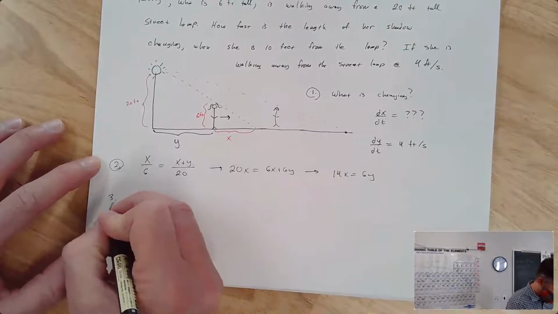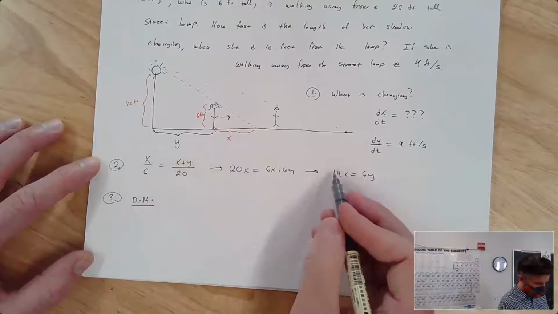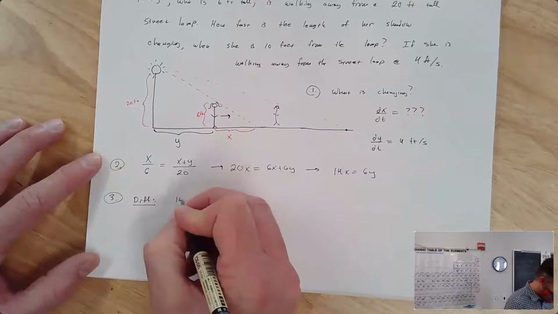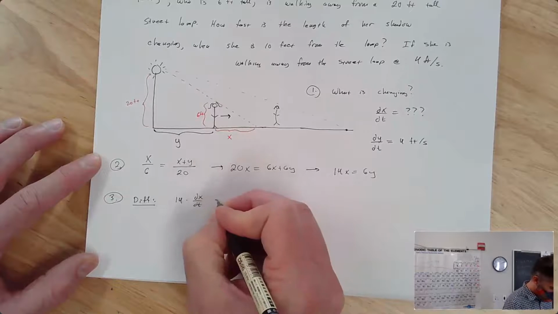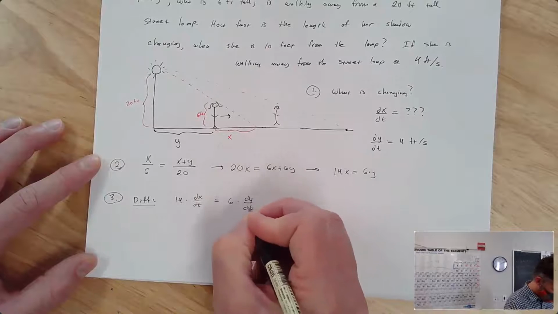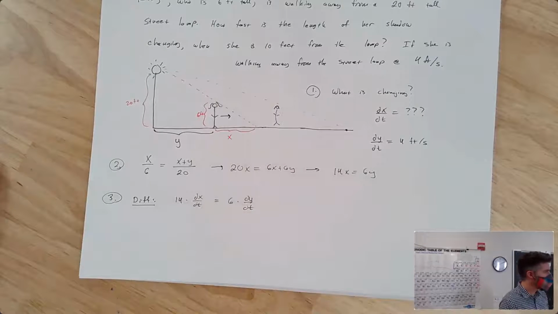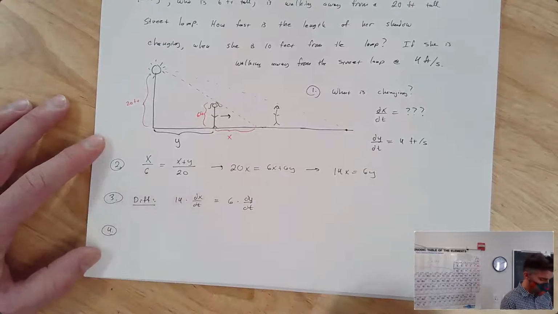So now if we differentiate, the derivative of 14x is going to be 14 times dx dt. And the derivative of 6y is going to be 6 times dy dt. Now I'm going to plug in what I know, solve for what I don't.